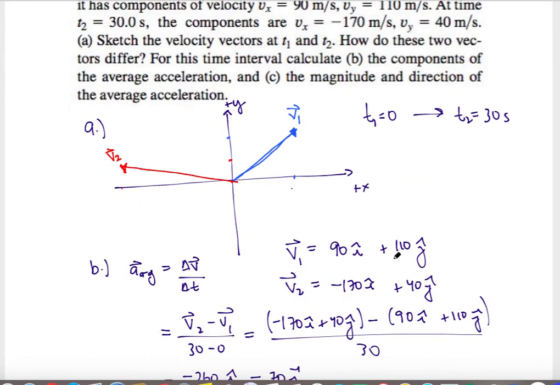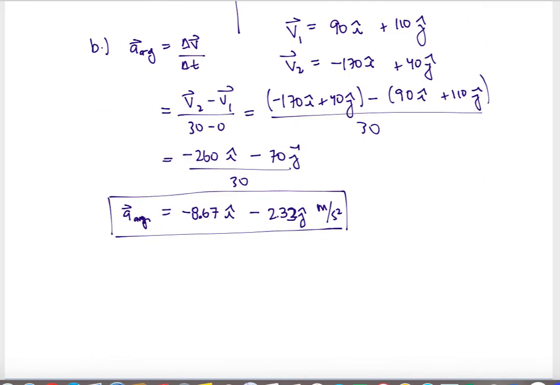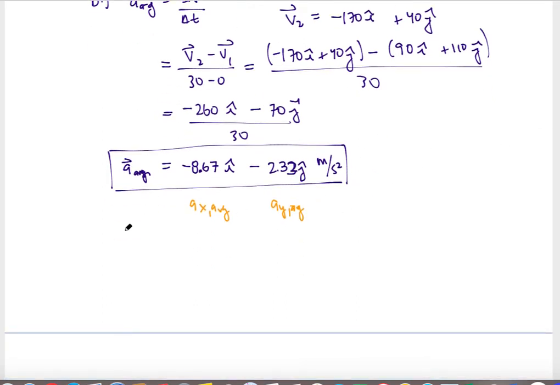Now part C asks for the magnitude and direction of the average acceleration. Well, actually, I guess part B asks for the components. So this is the x component. This here is the y component. But we accomplish both of these just by working with vectors. So C, however, is asking for magnitude and direction, which is easy at this point.